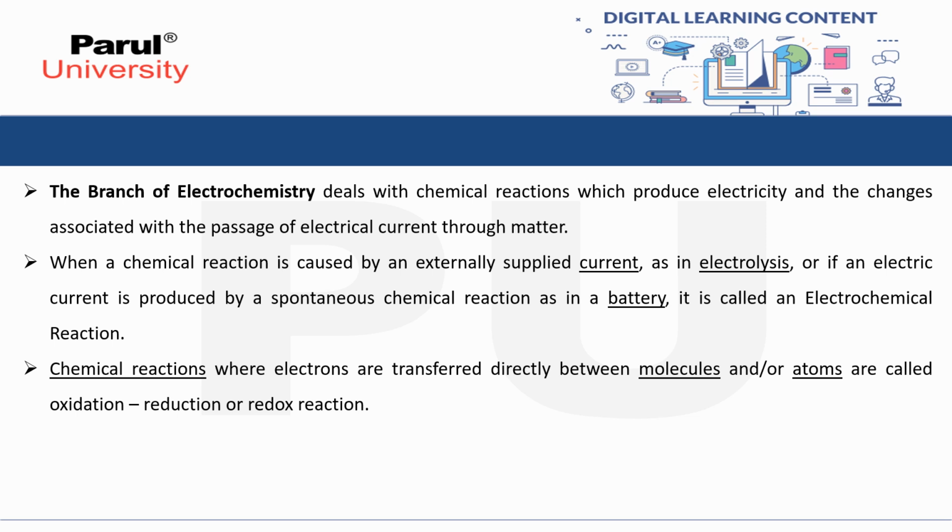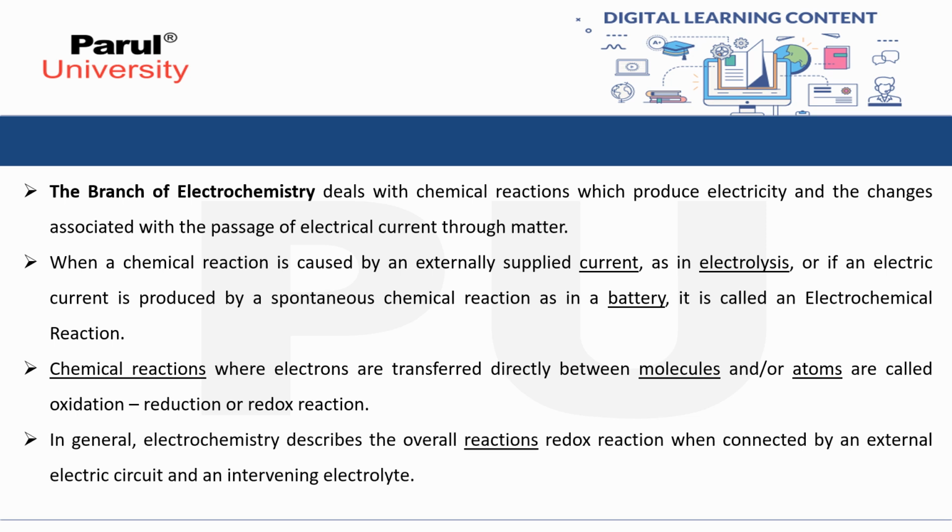The chemical reactions where electrons are transferred directly between molecules and/or atoms are called oxidation-reduction reactions or redox reactions. In general, electrochemistry describes the overall redox reactions when connected by an external electric circuit and an intervening electrolyte.